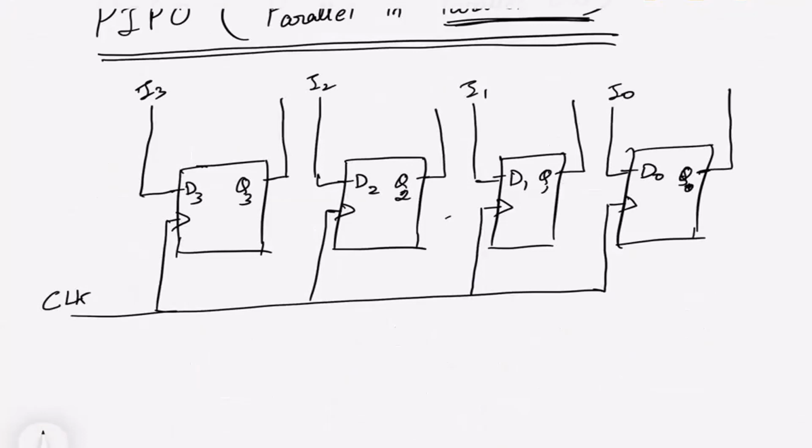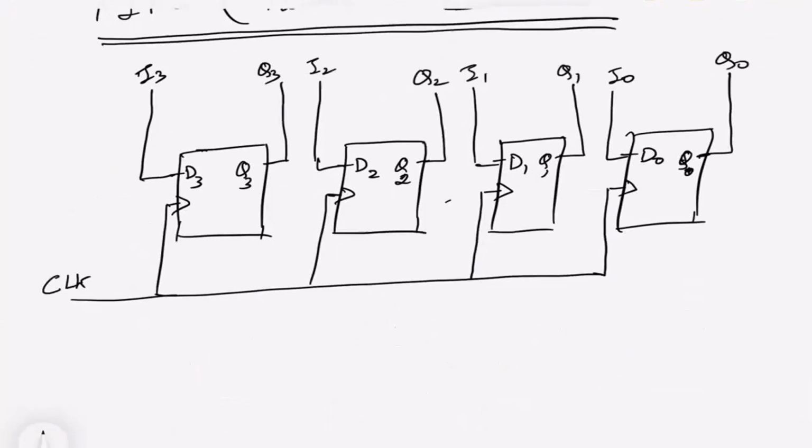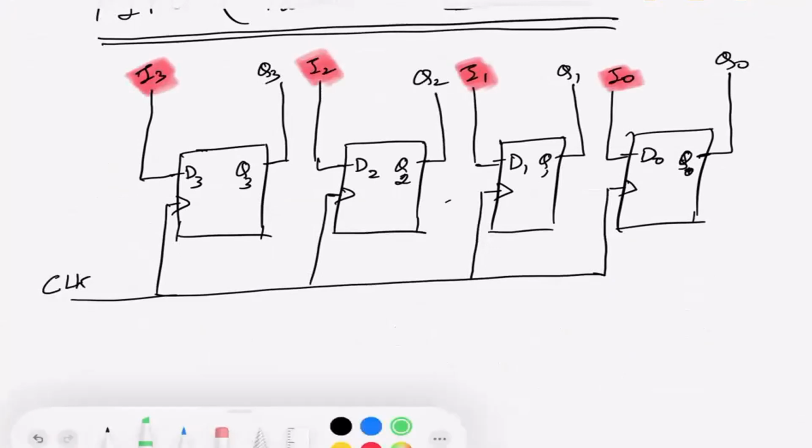So this is Q3, Q2, Q1 and Q0. So basically this is my input, red one, and this is my output.